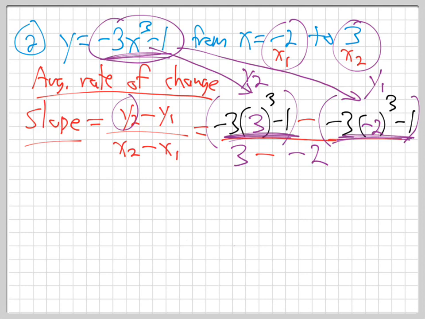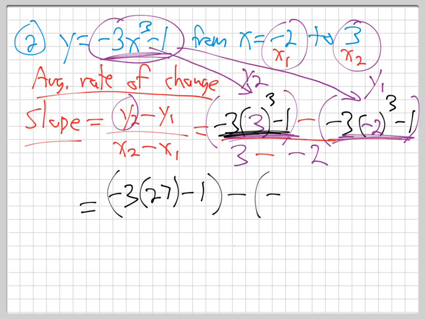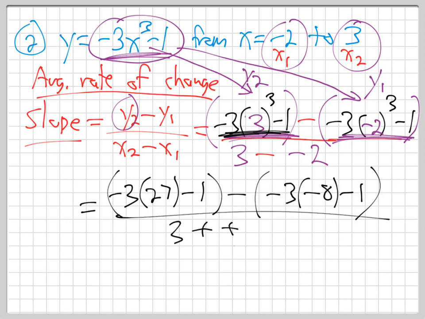So now let's compute that. Let's figure out what that comes out to be. I'm going to work out this top up here. It's going to be 3 cubed, use your calculator, 27, minus 1. The other one, minus 3 times minus 2 cubed, is minus 8. The bottom is 3 plus 2. So what do we get? Just use your calculator. This is going to be minus 81, minus 82, I think.